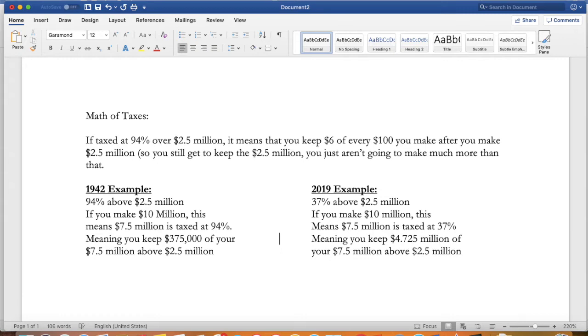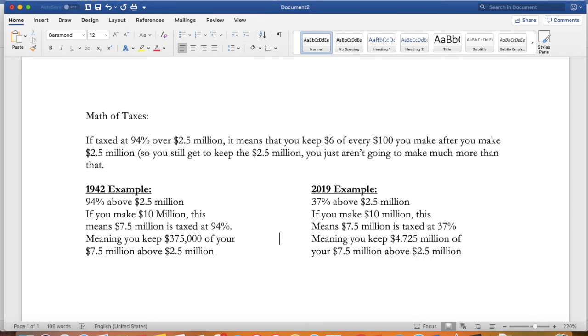Of that $7.5 million, you would only get to keep $375,000. Compare that to today. If you made $10 million, from $2.5 million to $10 million, so again that's $7.5 million, you would get to keep about $4.7 million of that. So it was a heavy tax bracket, and that was used to pay for the war.